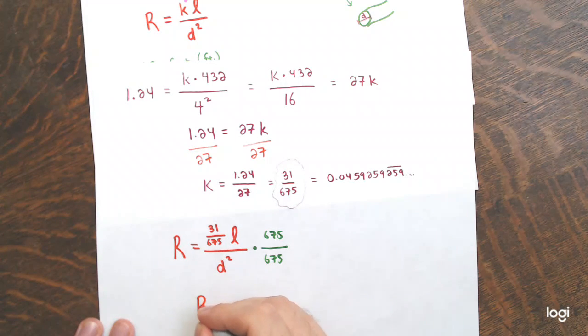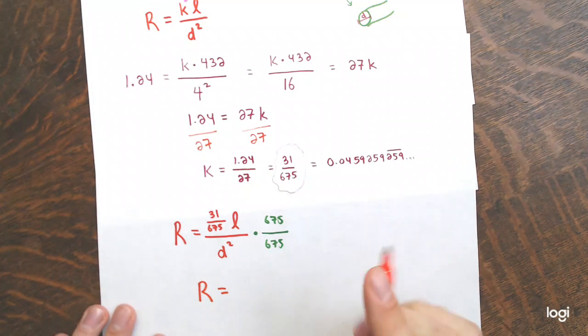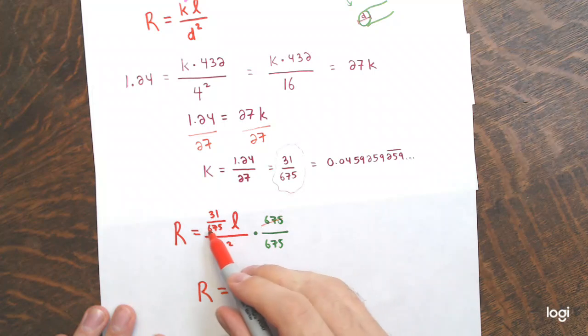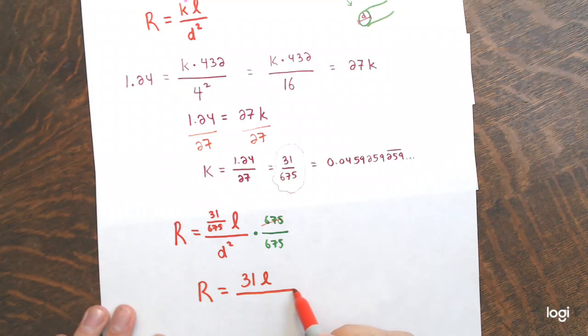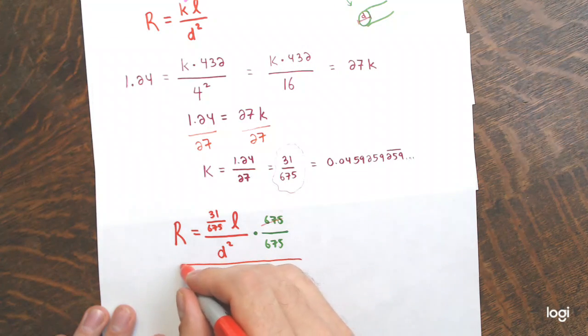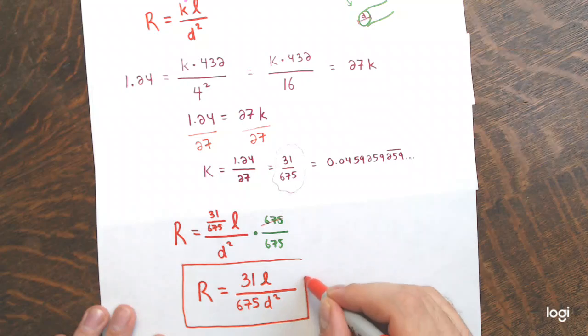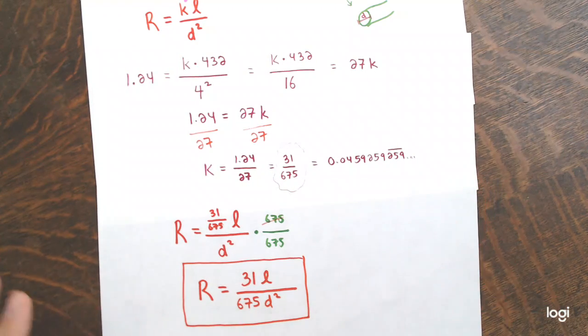So the resistance equals 31 times L, 31 times the length of the wire, divided by 675 times d squared in the denominator. So this equation right here is the relationship between resistance, length, and diameter.